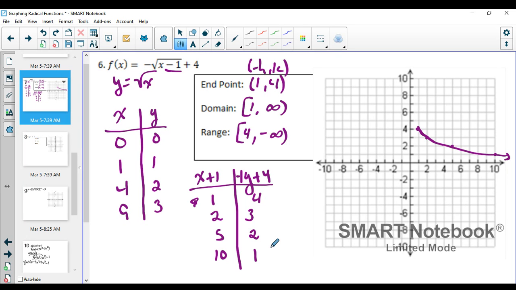And yes, it will eventually get down into the negatives, because these numbers will be large enough. So if you put 25 in here, y is 5. So then -1 times 5 is -5, plus 4 is -1. So it's going to cross into the negatives there. So there is the graph of that function.